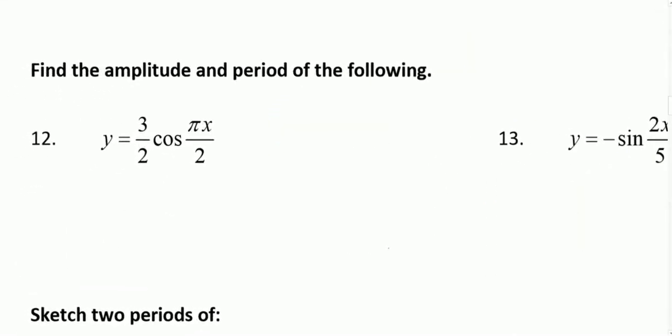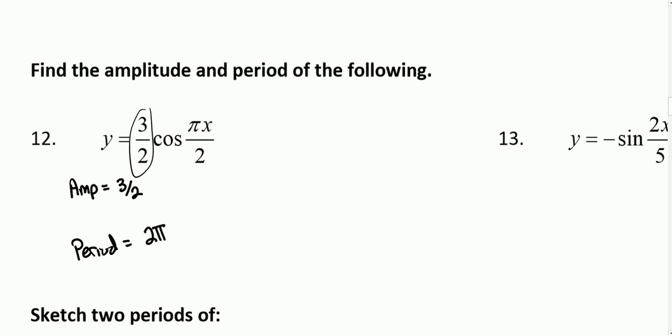All right, 12, we're to find the amplitude and the period of this graph. The amplitude is equal to the number in front, 3 over 2. To find the period of the function, cosine has a period of 2 pi.